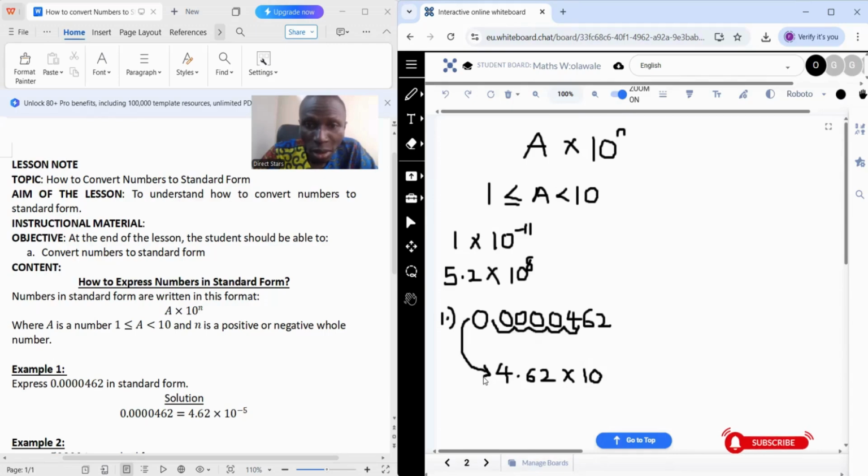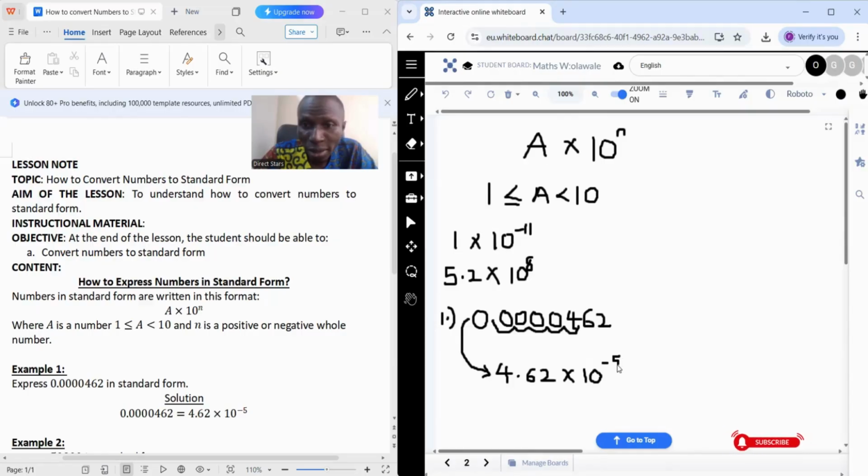Looking at it, the original number is smaller than the first number, so it's going to be negative. Anytime the original number is smaller than the first number, the power will be negative. So we're going to have 10 raised to the power minus 5.